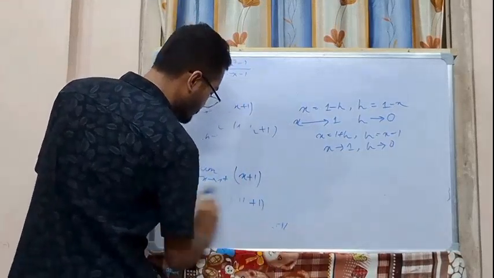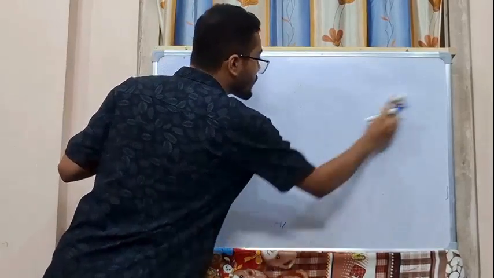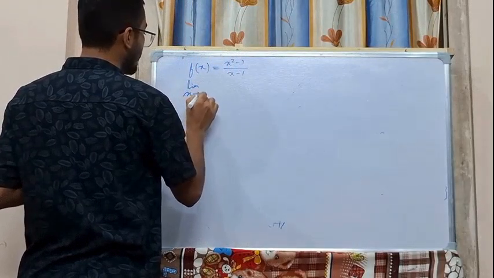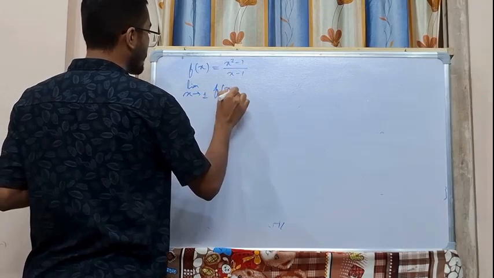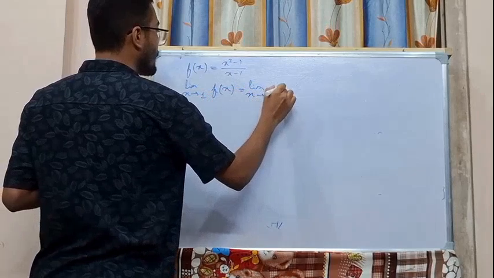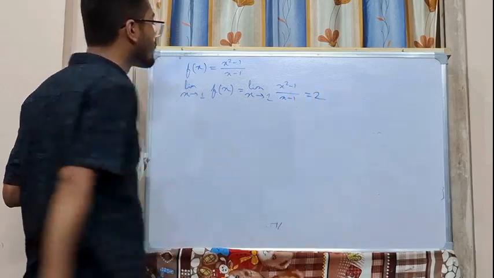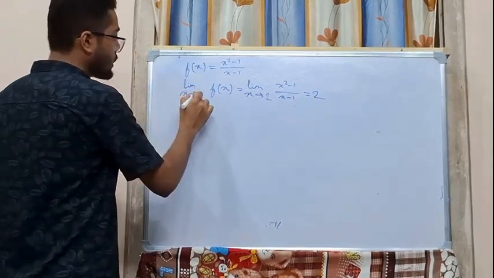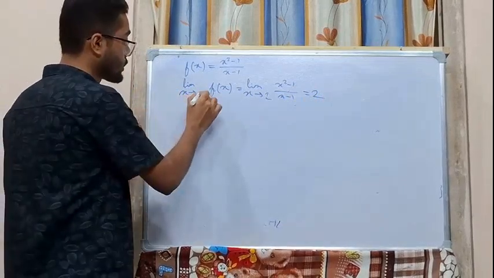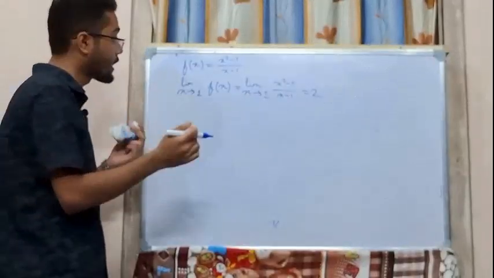That means limit x tends to 1 of f(x) is equal to limit x tends to 1 of (x square minus 1) by (x minus 1), which is equal to 2. It is the same from both directions, the positive direction and the negative direction, the right hand direction and the left hand direction.